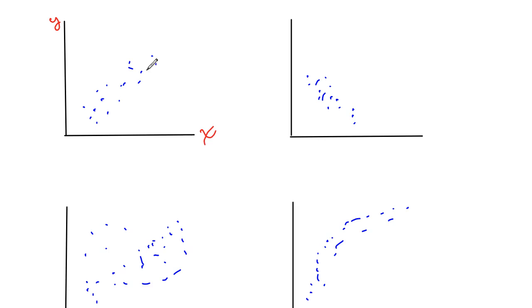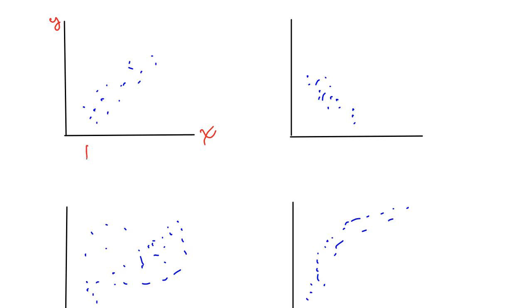Notice the points I've plotted here are fairly close together, and they're all increasing from left to right. You can kind of make out what we would consider a line. Again, it's increasing as we go from left to right.